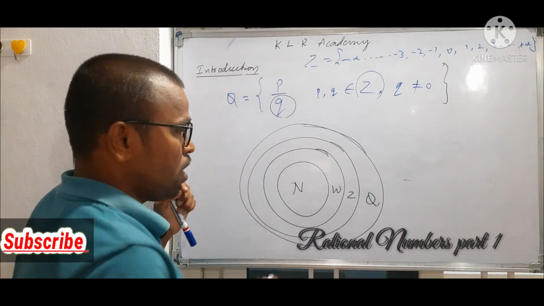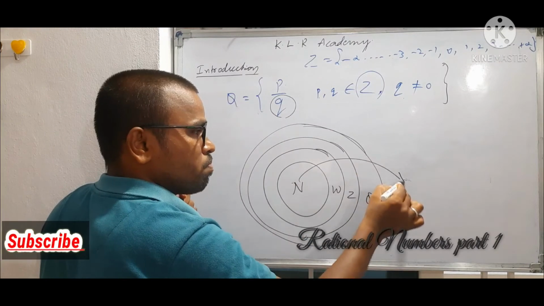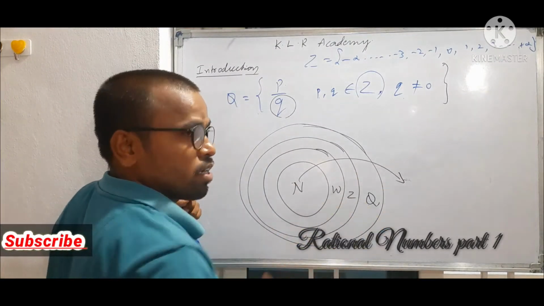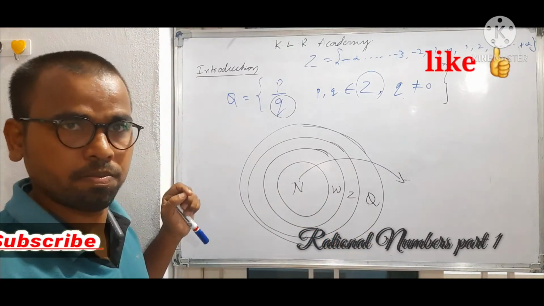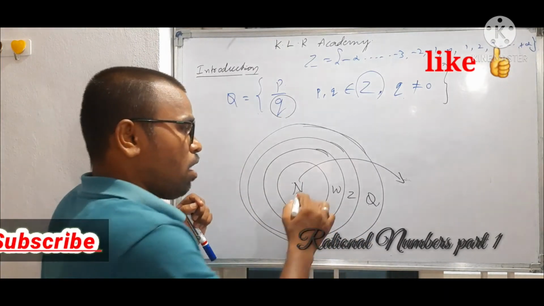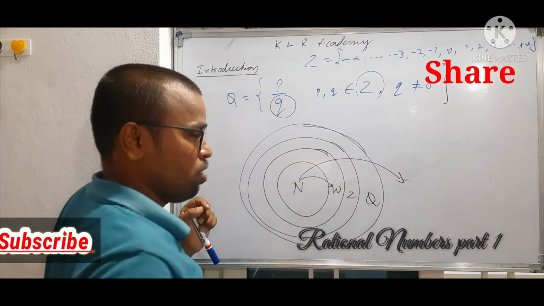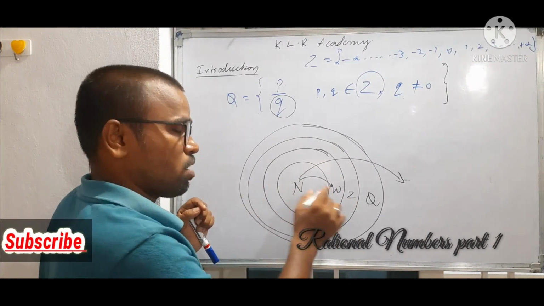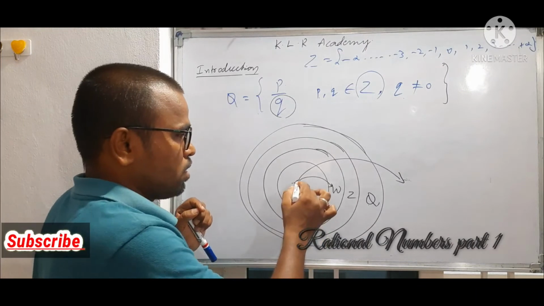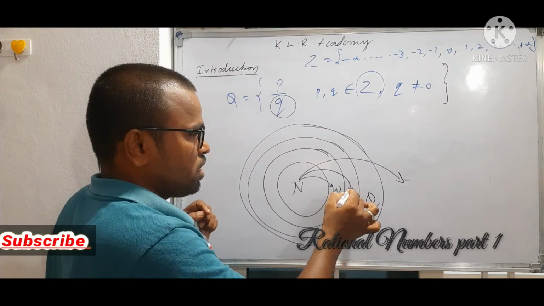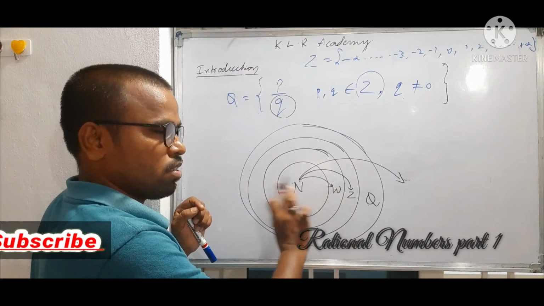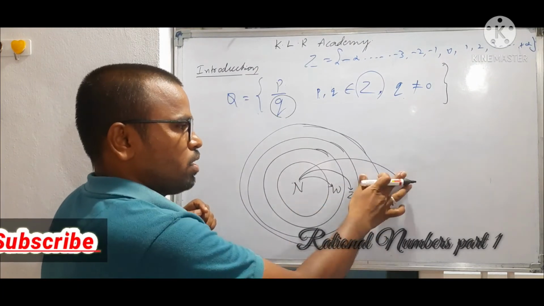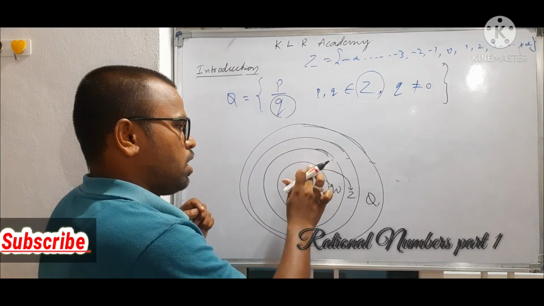So I can say that all natural numbers are rational, but all rational numbers are not natural. All natural numbers are whole numbers, but all whole numbers are not natural numbers. All natural numbers are integers, but all integers are not natural.